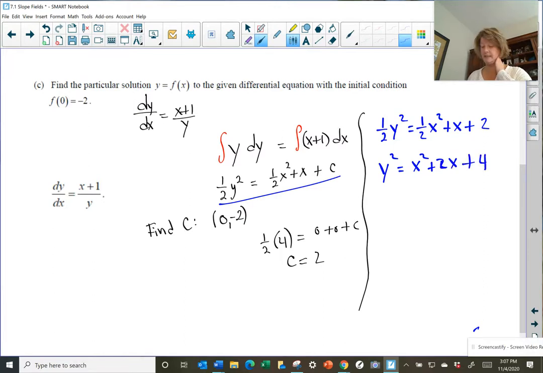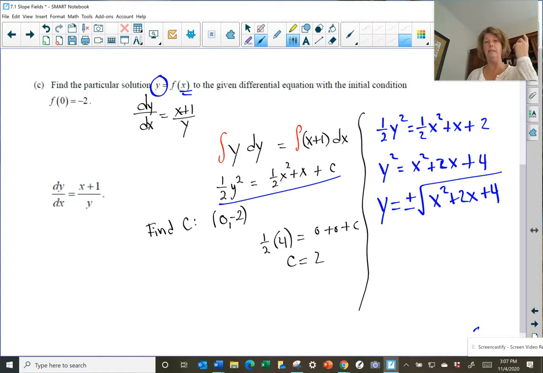That step's locked in. I got y squared equals x squared plus 2x plus 4. And now find the particular solution. Notice how they say it's framed in y, so it's going to be in terms of x's. That's looking like that's going to happen. I would have plus and minus here as I take that square root: y equals plus or minus the square root of x squared plus 2x plus 4.